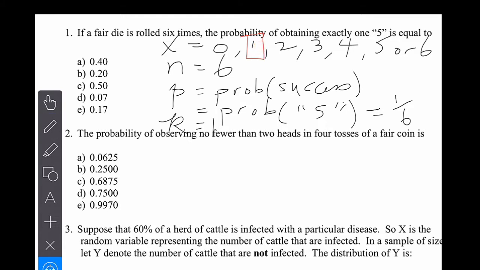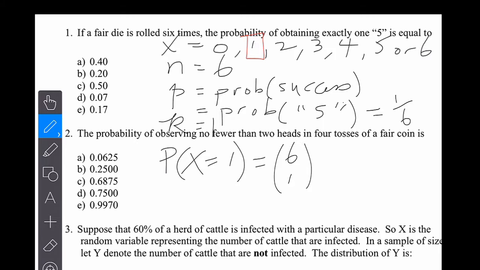So using the formula, I'm going to use the space here to apply the formula. So probability x equals 1 is equal to 6 choose 1.